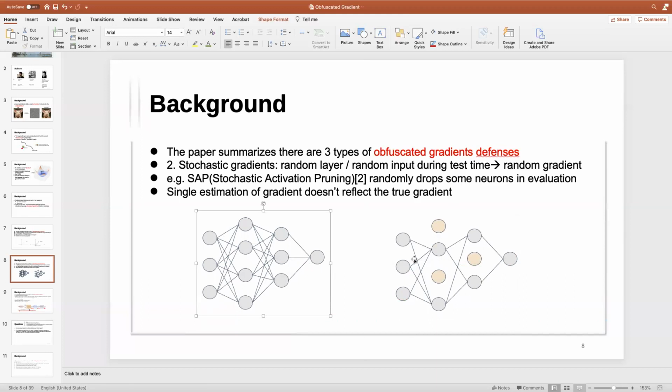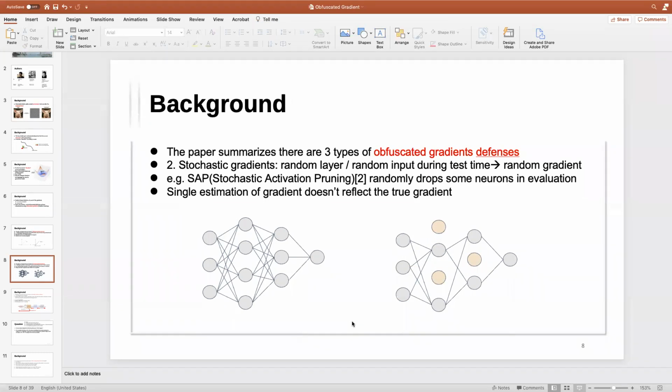So this gradient is not the true gradient. It's just an estimation of the gradient. And after dropout, the gradient can either get larger or get smaller, right? Here, there are multiple possibilities.